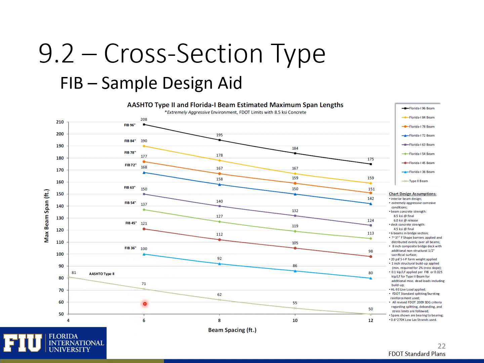As you get wider spacing, your span lengths decrease for the sections. You can also see for shorter span bridges here in Florida, FDOT recommends using this AASHTO Type 2 I girder. So this is a way that you can preliminarily select your cross section.